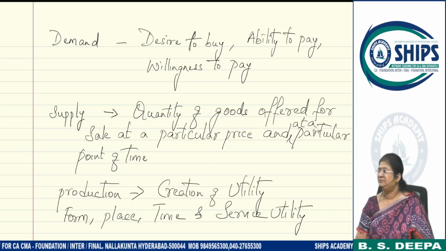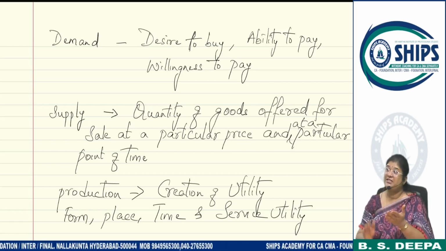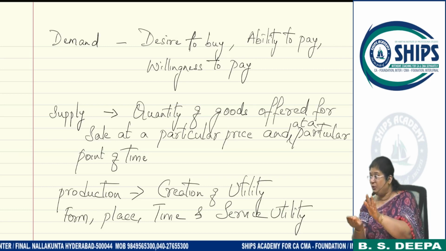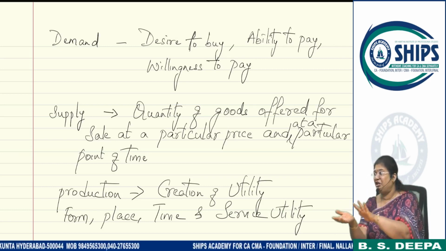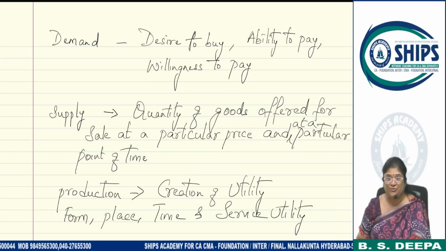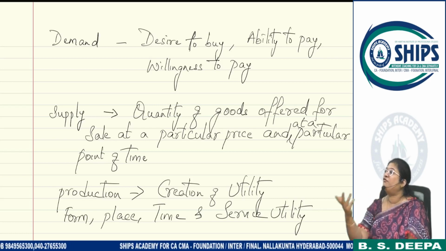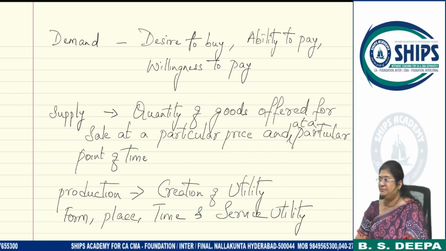More comfort. So you are changing the form of a good to give more satisfaction to the consumer. That is what is called manufacture. Conversion of raw materials into finished goods is form utility.